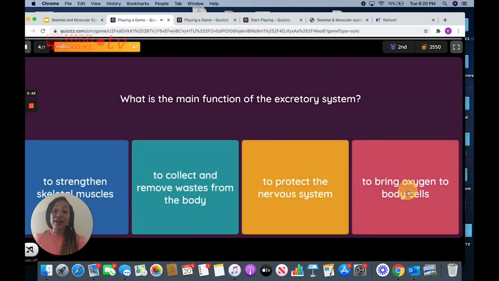Number 4, what is the main function of the excretory system? Now remember, last week we discussed to remember EX. What word did I tell you to remember that starts with EX also, like the excretory system?